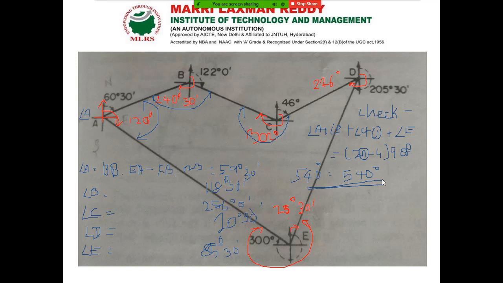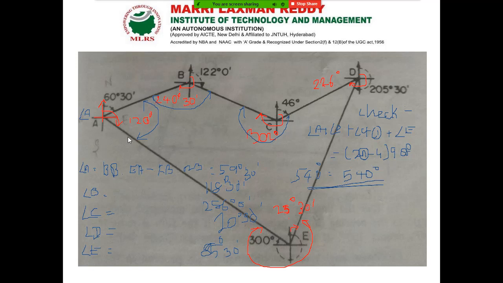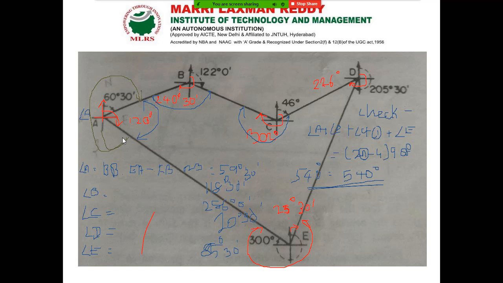Okay, same thing if the traverse is running in anti-clockwise direction. At that time we have to calculate the included angle as exterior angle. So instead of this blue line, we have to calculate the green line.